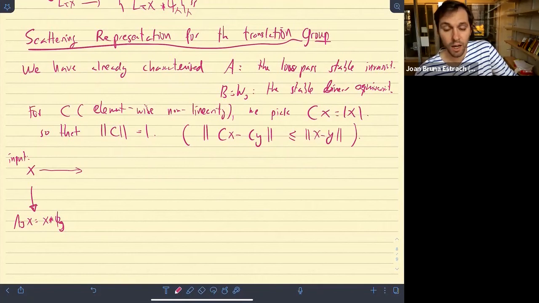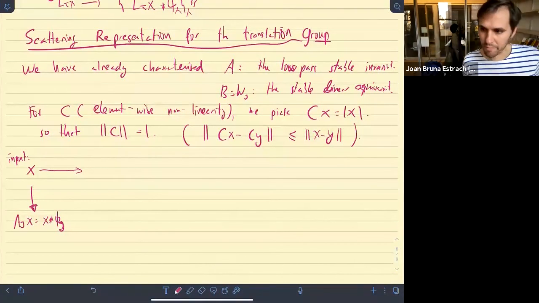And we have a filter bank that recovers this information. No one? Well, we have been using this for a while now.